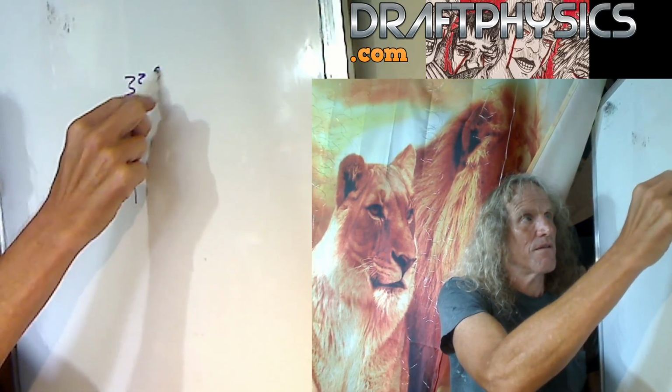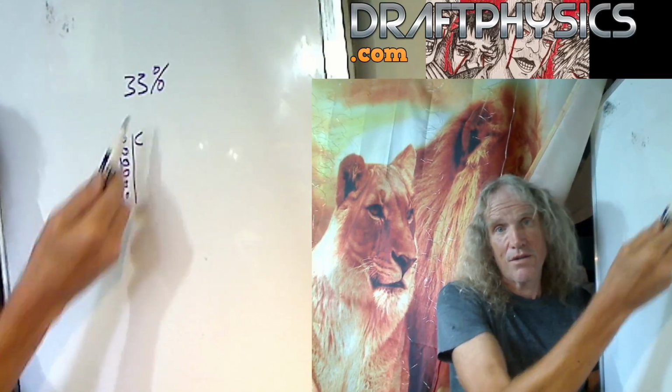So just with a doubling of the velocity, the doubling of the weight, you get 33%.